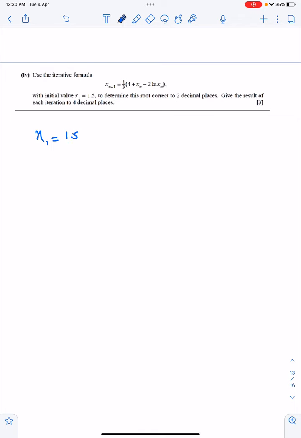I'm writing 1.5 in the calculator, putting the equals to sign. Now the answer key has 1.5 stored in it. Now I'm going to write down this formula, just this side of the formula, and in place of every x I'm going to write answer. So 1 upon 3, then a bracket, and in the bracket I have 4 plus answer minus 2 ln answer, close the bracket.